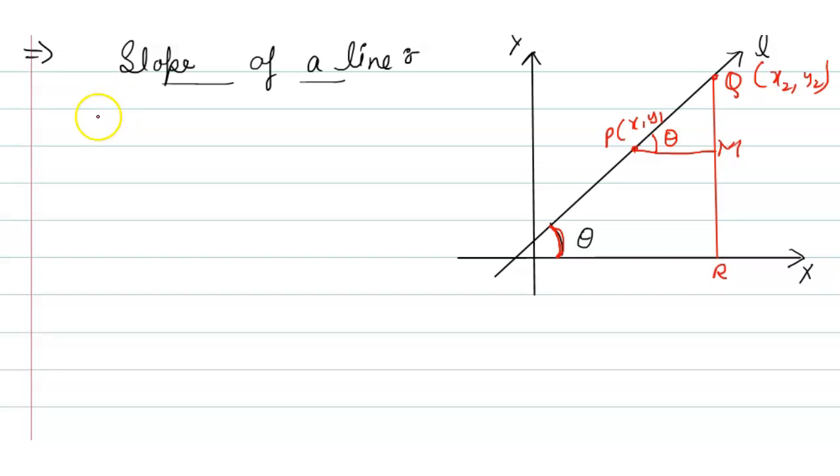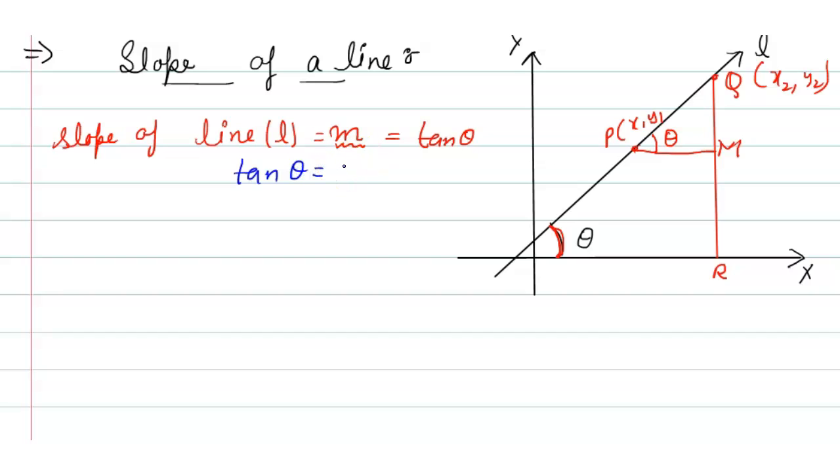Next, we will write: slope of line L is equal to m. The slope can be represented by a number or letter, m is equal to tan theta. Now tan theta is equal to MQ upon MP.